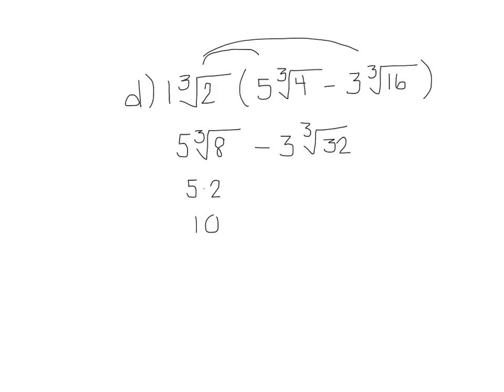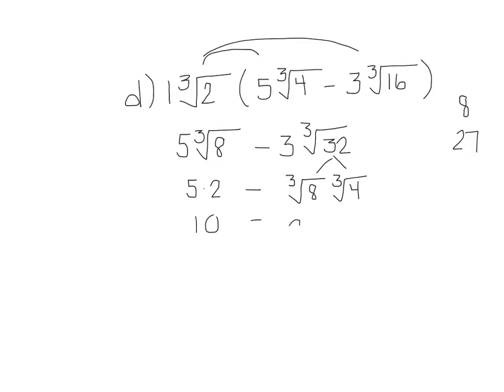Now 32 is not a perfect cube, but it is evenly divisible by our smallest perfect cube of 8, because the next perfect cube is 3 cubed, which is 27, and 27 does not divide evenly into 32. So I'll break apart this cube root 32 into cube root 8 times cube root 4, because 8 times 4 is 32.